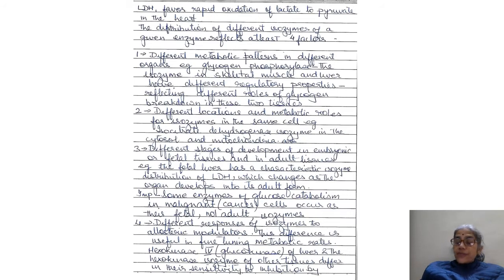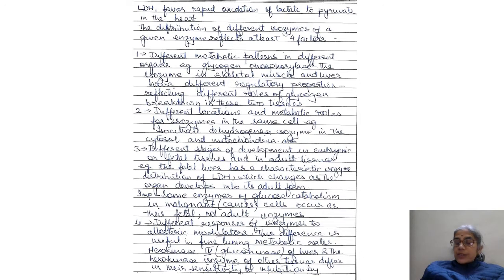The distribution of different isozymes of a given enzyme reflects at least one of 4 points. First is different metabolic patterns in different organs. For example, glycogen phosphorylase, the isozyme in skeletal muscle and that present in liver, have different regulatory properties reflecting different roles of glycogen breakdown in these two tissues. Second, different locations and metabolic roles for isozymes in the same cell. For example, isocitrate dehydrogenase is found in cytosol and mitochondria.